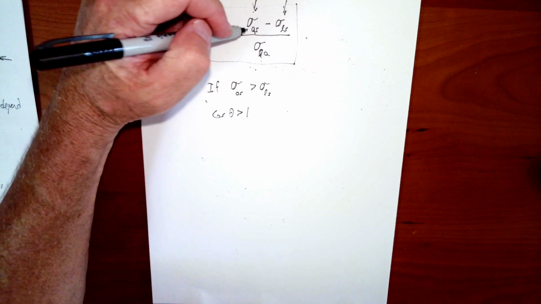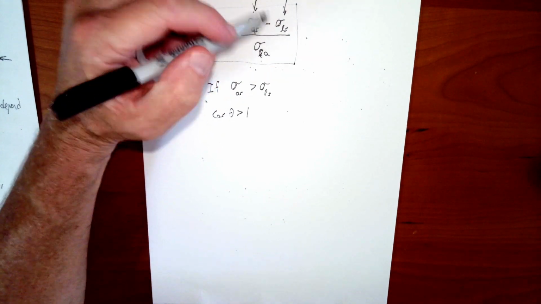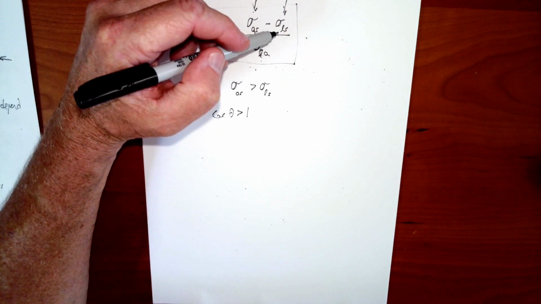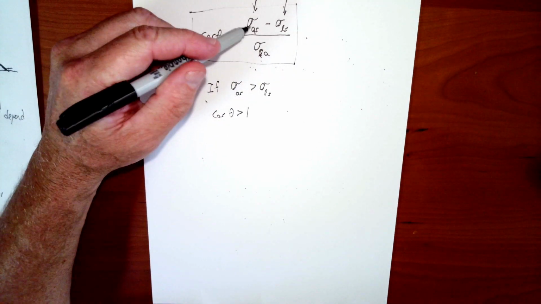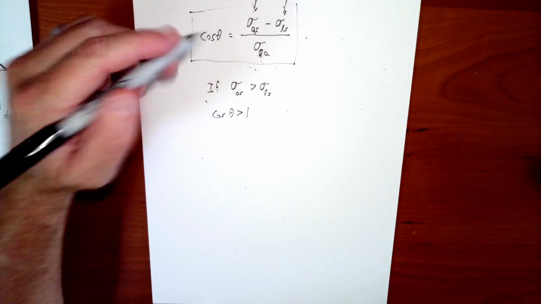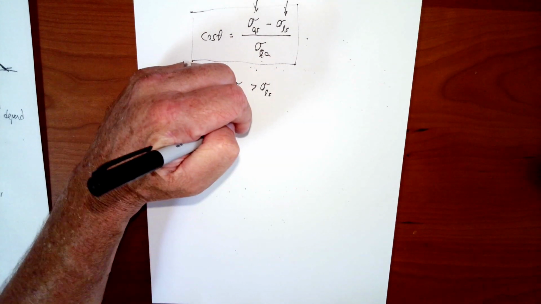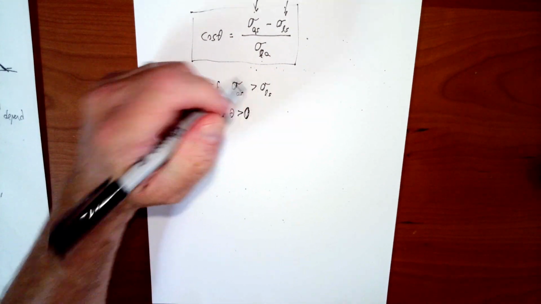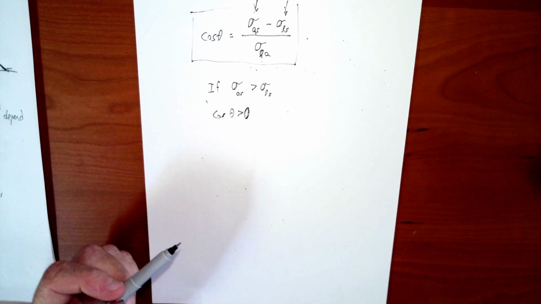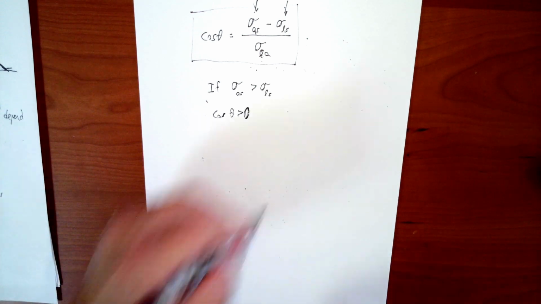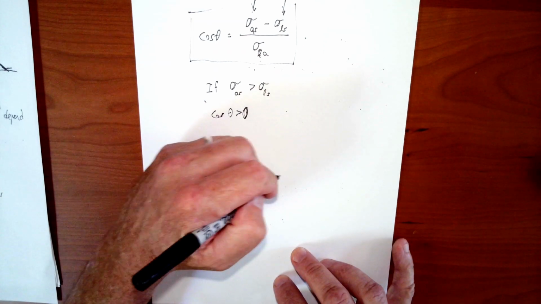If the air-solid interfacial tension is greater than the liquid-solid interfacial tension, that means that this term is going to end up being positive. So the cosine of theta is going to be greater than 0. Remember, these are our angles.